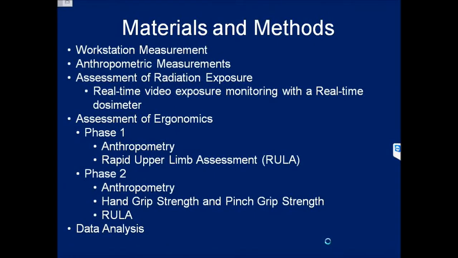And so basically what you see here is our workstation. I had the L block, and I measured all the different parts within the workstation: where it sat, the width of it, the height of it, the angle that the window was at, the height of the window.